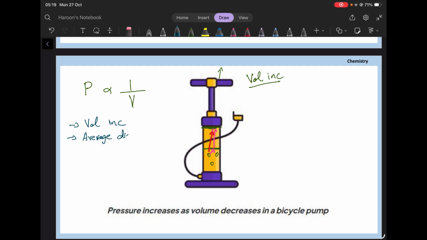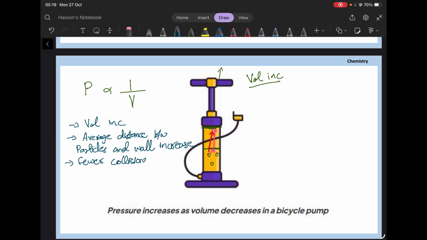The average distance between particles and walls increases. When the distance increases, there are fewer collisions with the walls of the container.